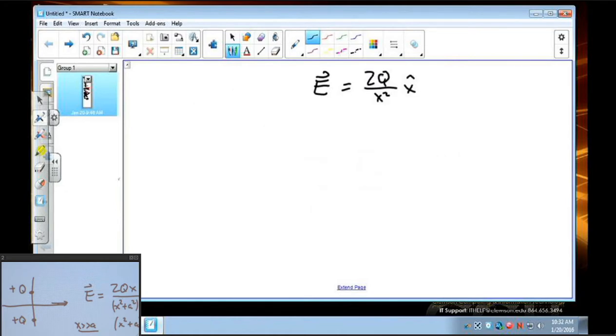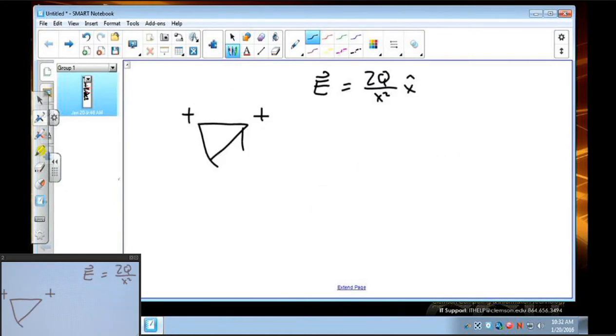The last one is that tetrahedron of charges, plus, and then a negative like that. I wanted you to examine the electric field in the center, right in the middle of that tetrahedron, and it points from the positive charges towards the negative charges.